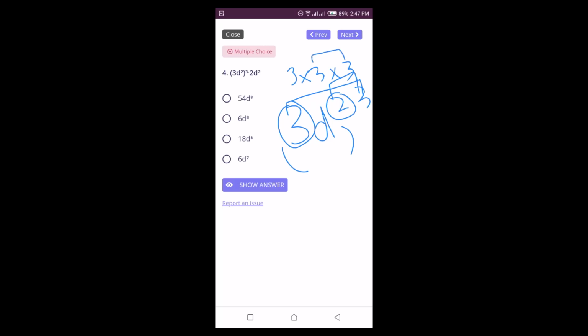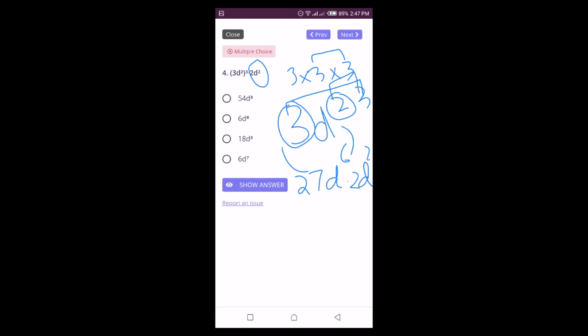I have written 27 over here, and then 27 d6. And what about d square? Yes, we have to multiply or add this to d square as well.